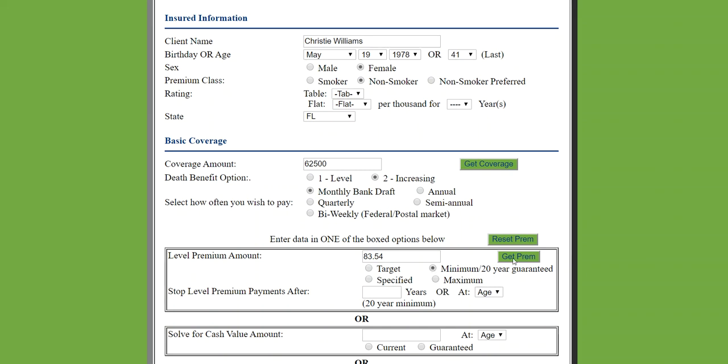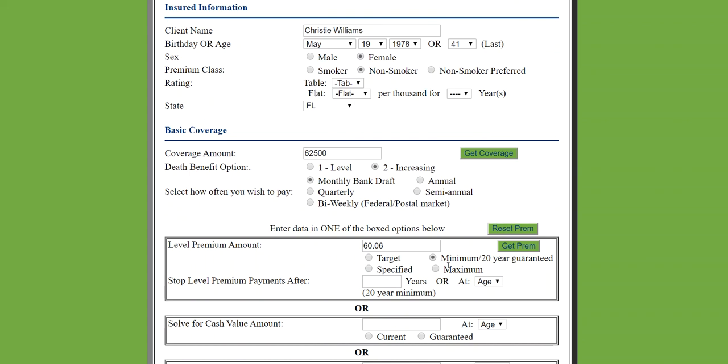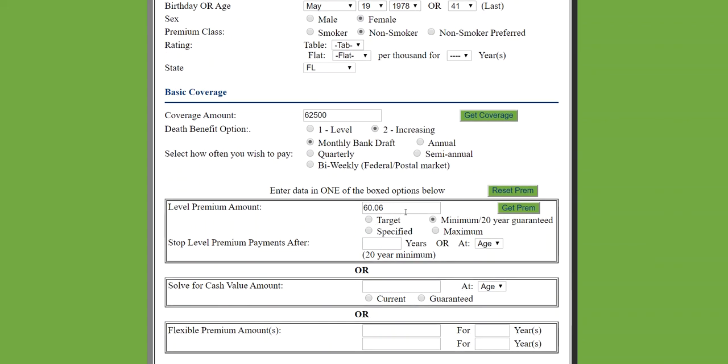If we illustrate the minimum, it's going to be $60.06, which will take the customer up to 20 years guaranteed. Obviously, with the minimum, there's going to be no accumulation. It's basically 20-year protection for $250,000. If we take target, it's going to carry a little farther.